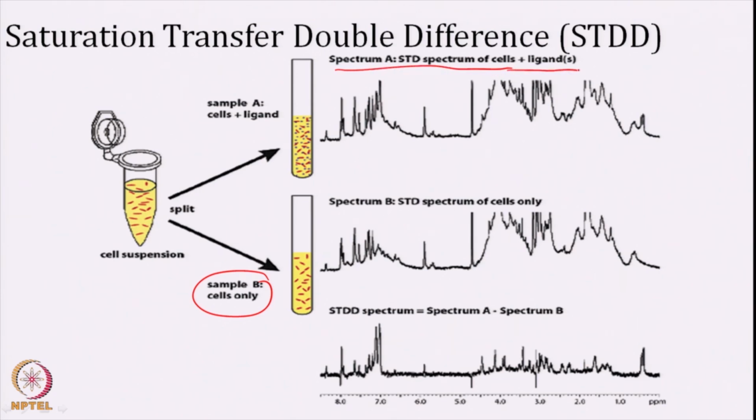Let me explain again. Here we are going to do STD on both. We have the total cell suspension, we divided it into two, one where only cells are there, another where cell plus ligand are there. We are going to do two STD experiments, one with only cell suspension, another with cell with ligand.